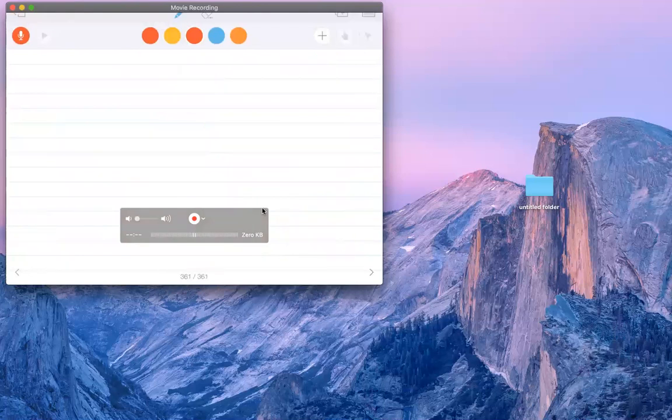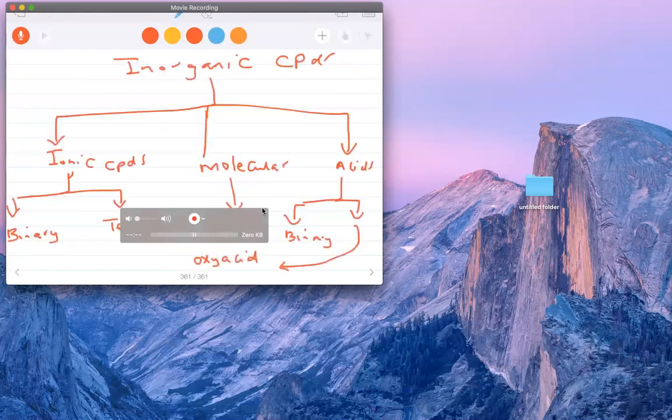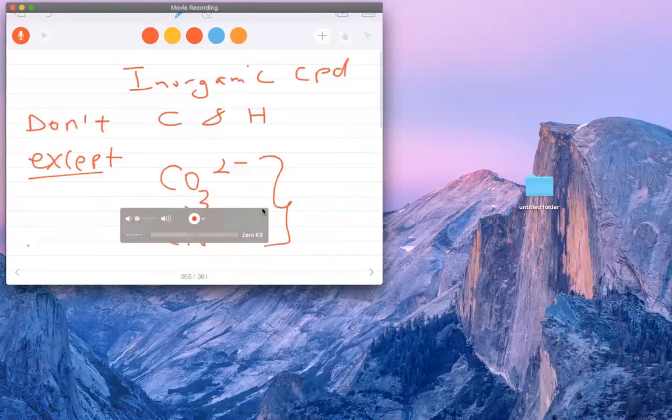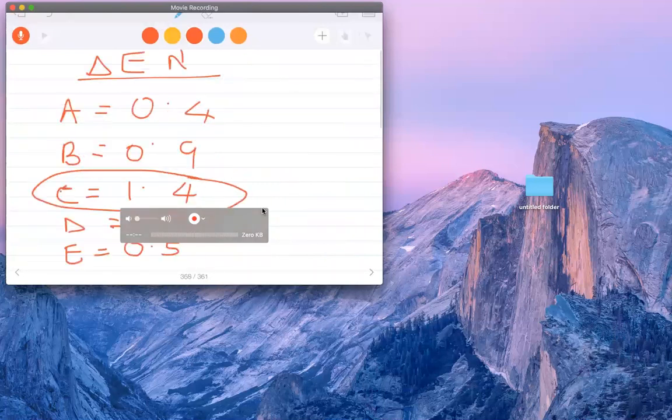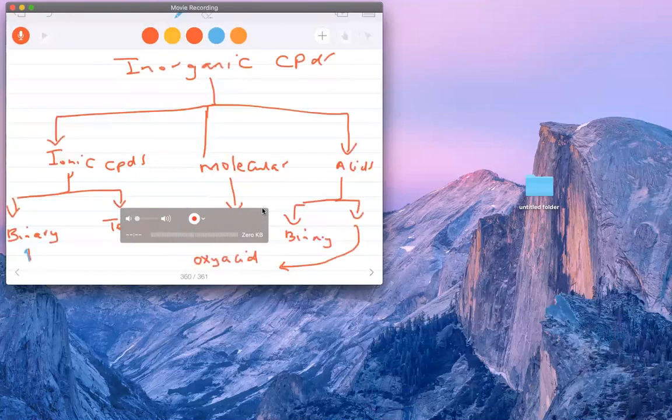Before we start, let me number them so that we don't lose track of where we are. 1, 2, 3, 4, and 5.